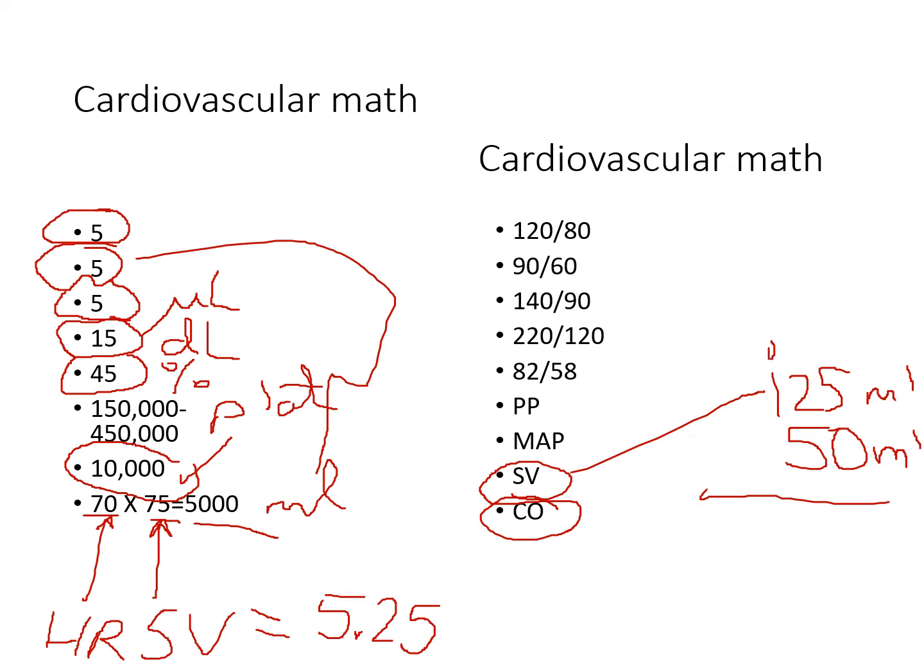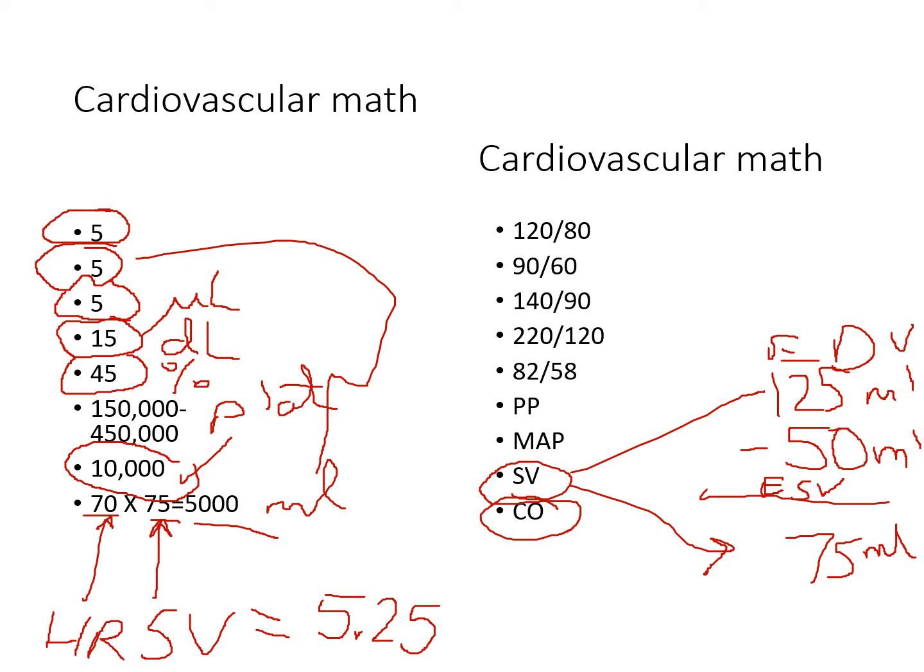So the 125 is the end diastolic volume, and the 50 is the end systolic volume, which means the volume at the end of the squeeze, at the end of systole. And so stroke volume is technically end diastolic volume minus end systolic volume, or the amount of blood that gets ejected out of the heart in a typical average-sized man at rest.